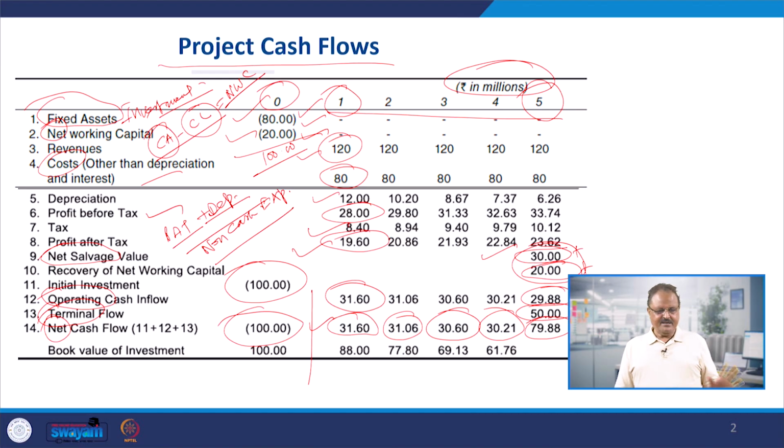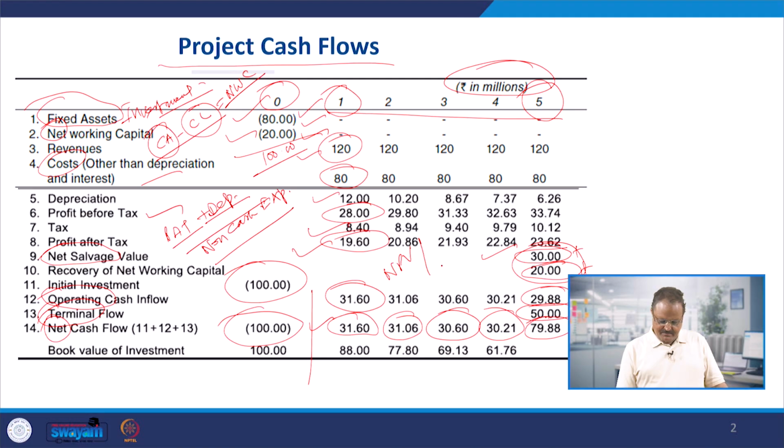So 100 will be treated as 100, and these 5 are coming at a lag of 1 year each: the first cash flow at the end of the first year, then the second, third, fourth and fifth year. So at the suitable discount rate R, we will have to discount these cash flows, sum up the present value of the 5 cash inflows, and compare it with the present value of the cash outflow, and then calculate the NPV or IRR.